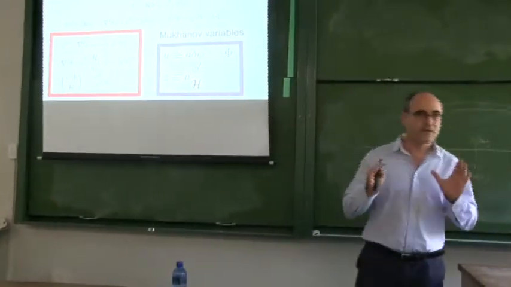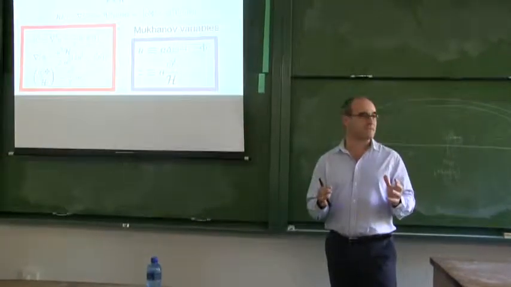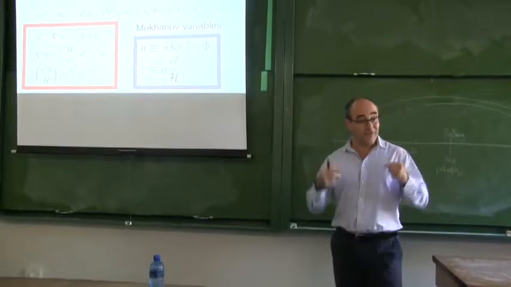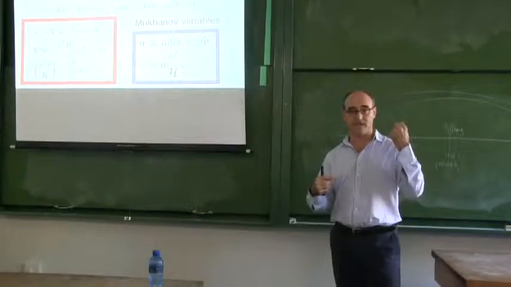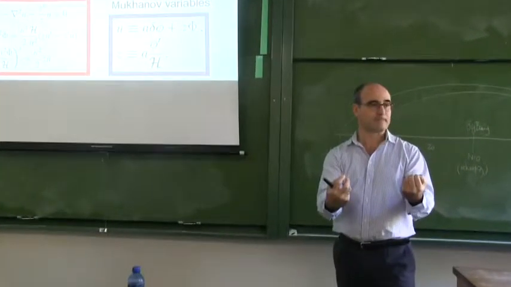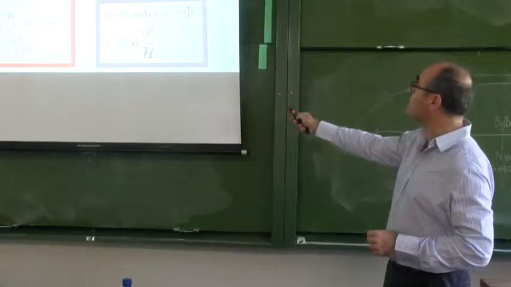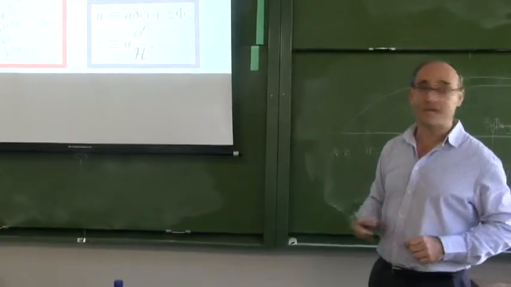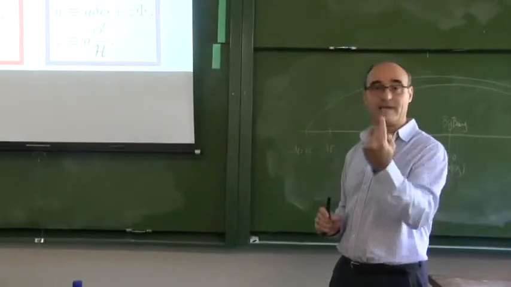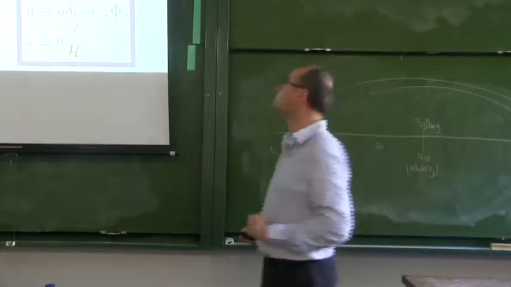However, in the context of inflation, where the stress energy momentum tensor is symmetric, there is no anisotropy, then there's another constraint which tells you that the Newtonian potential and the curvature should be equal. Okay? Phi equals psi. And this is the reason why the curvature fluctuation, which is related to phi, has exactly the same amplitude as the Newtonian potential. So we only have one scalar metric fluctuation. Okay? This is very specific to inflation.